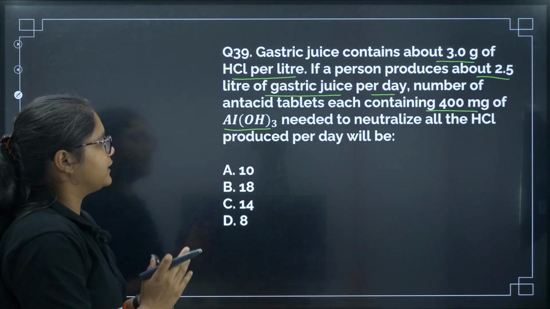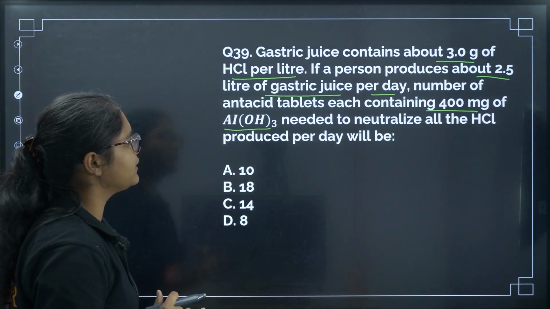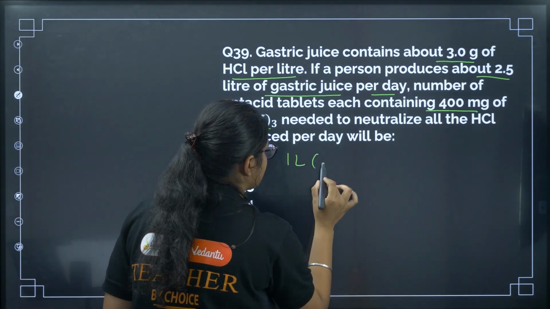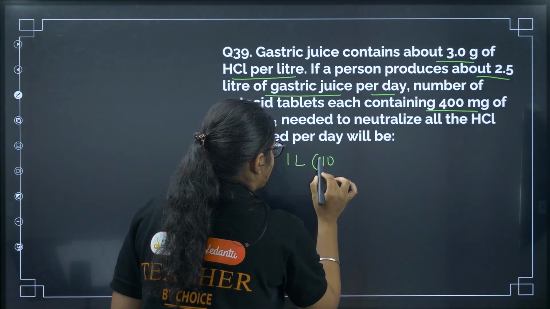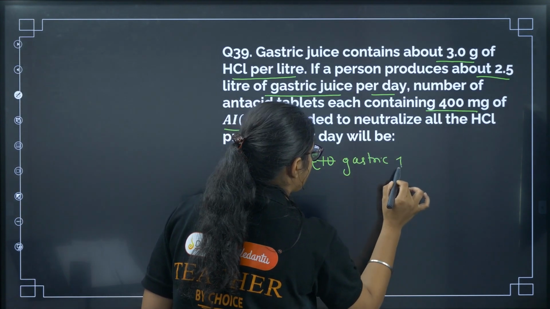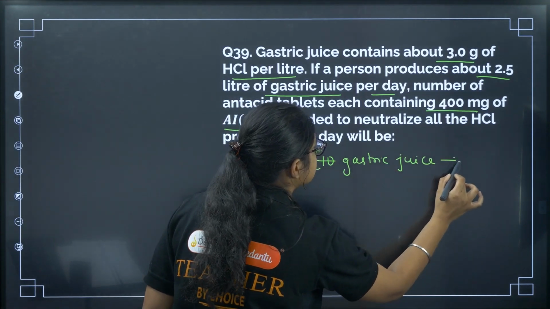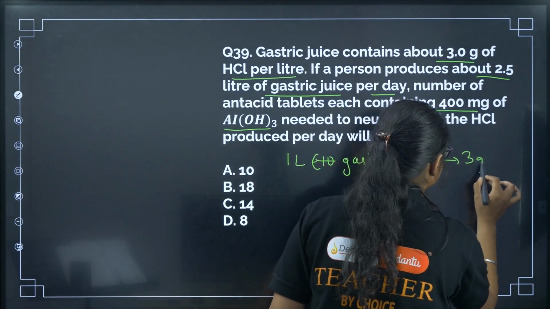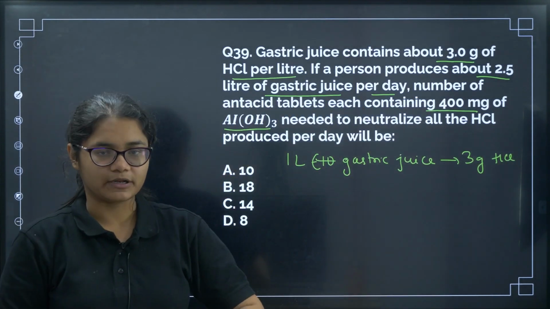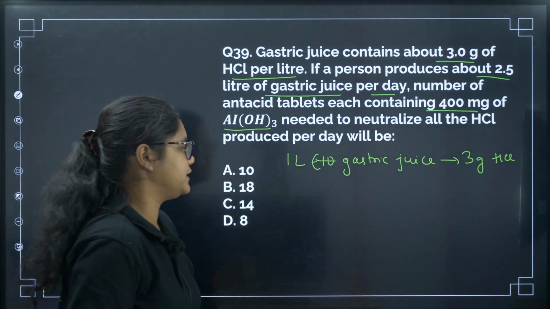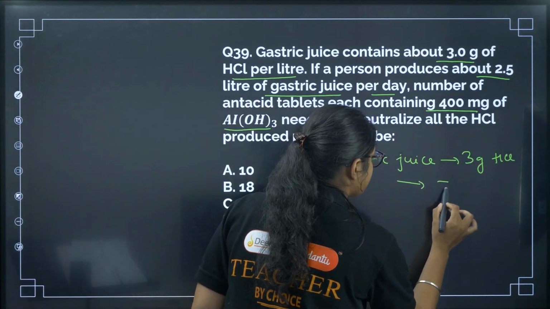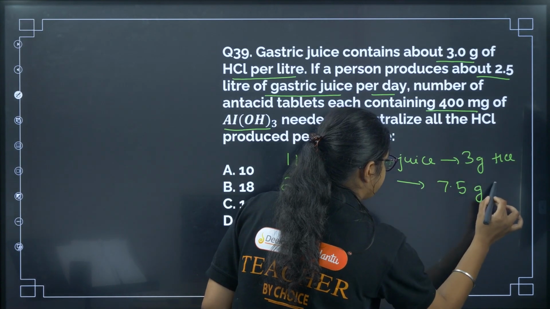So now if you see here, we will be calculating according to the question, 1 liter of gastric juice contains 3 gram of HCl. Now, a human body on average on a particular day produces 2.5 liter of gastric juice. So, 2.5 liter means it will be 7.5 gram of HCl.